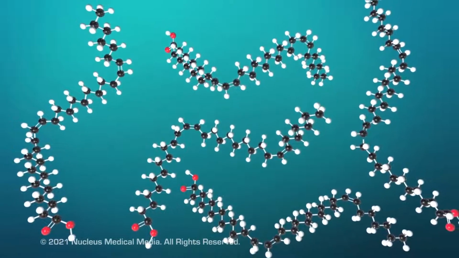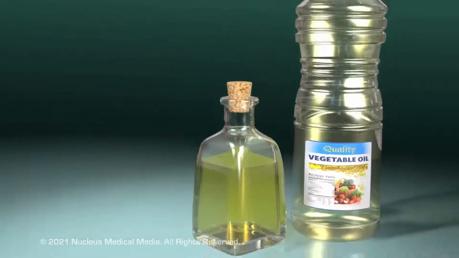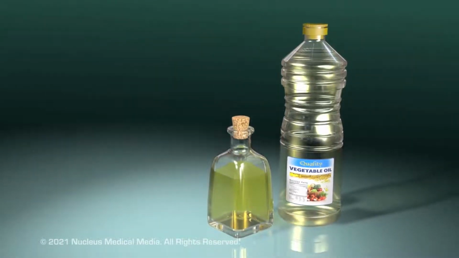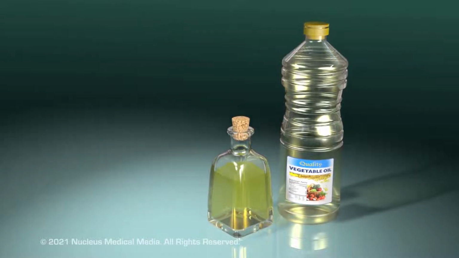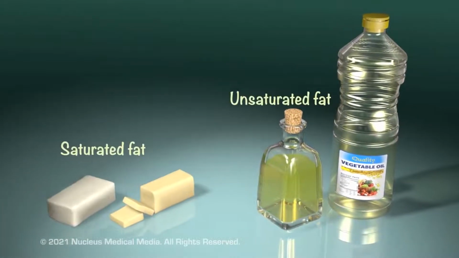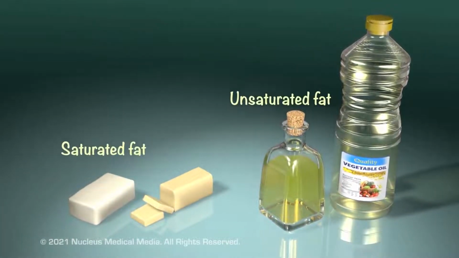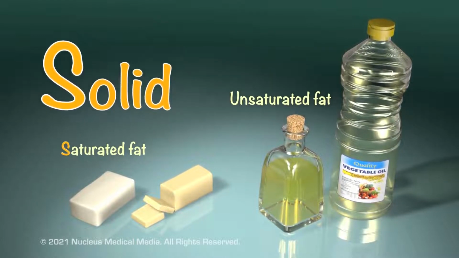As a result, the more loosely packed molecules form a liquid instead of a solid at room temperature. Here's a tip to help you remember which type of fat is solid or liquid. Use the letter S at the beginning of the word saturated for solid at room temperature.